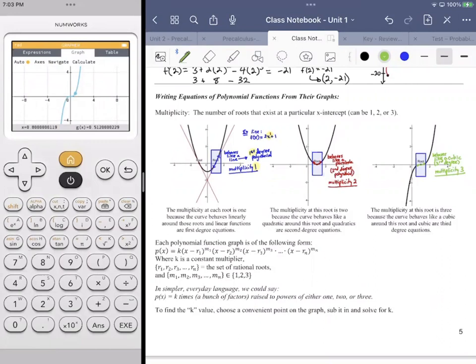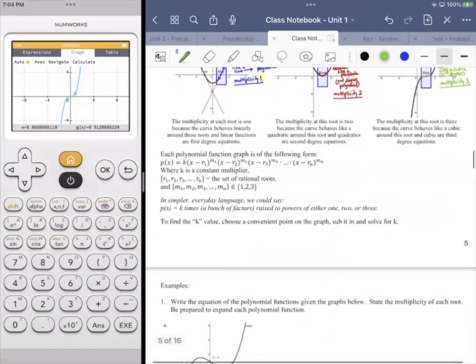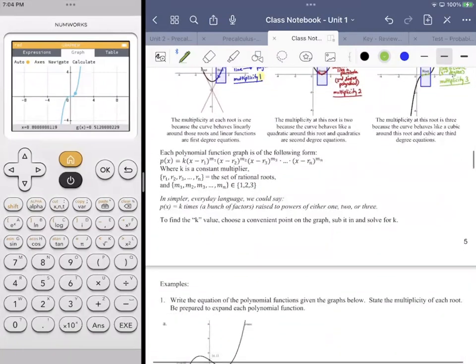It's a naming convention that people sort of adhere to. It's not a requirement. It just helps people understand what you're trying to say. So k times a bunch of factors raised to a power of either 1, 2, or 3. You're completely forgiven if you're like, well, that didn't help one bit. I'll show you a little bit more in a sec.